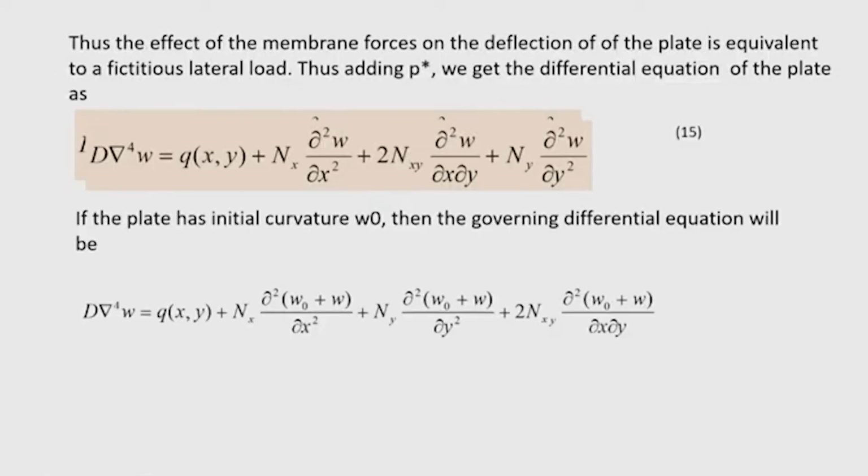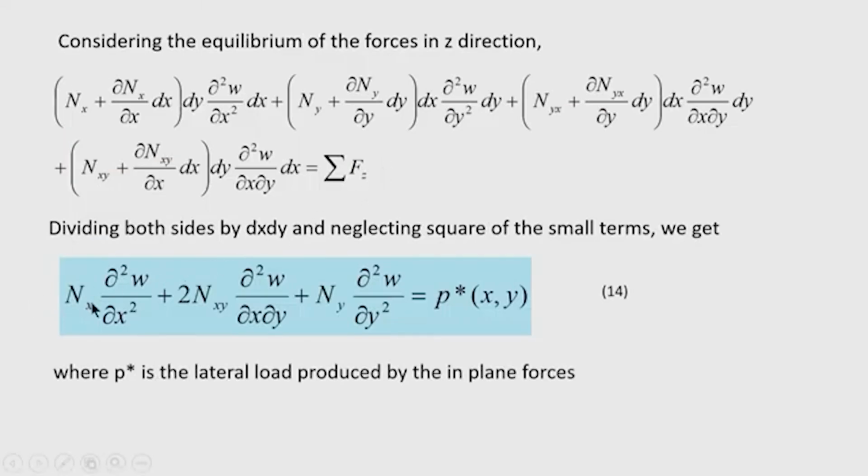Thus, the effect of membrane forces on the deflection of the plate is equivalent to a fictitious lateral load. Thus, adding P star as a fictitious load, which is nothing but Nx del square w by del x square plus 2 Nxy del square w by del x del y plus Ny del square w by del y square, equal to P star.